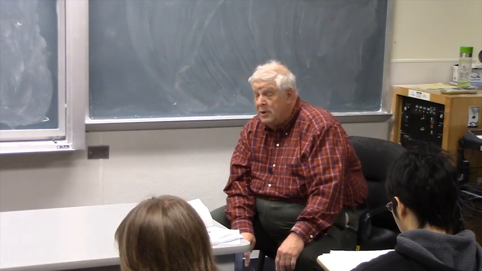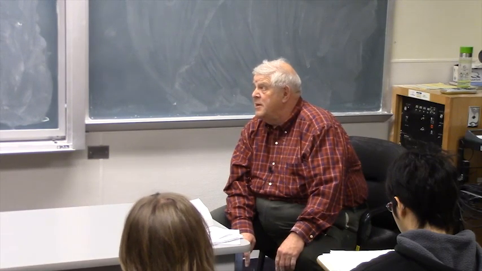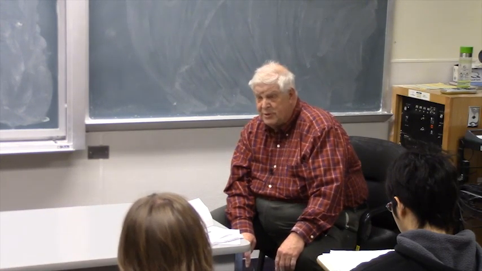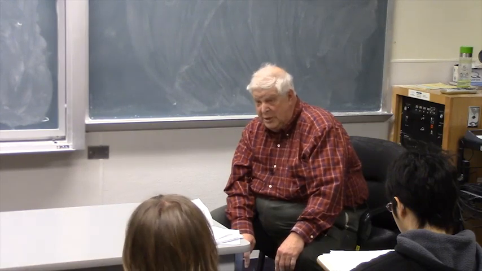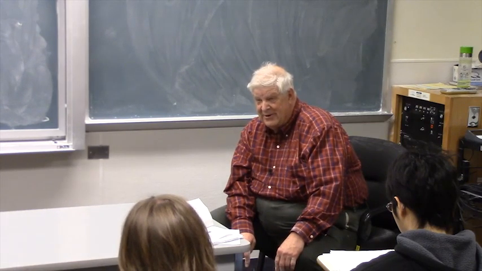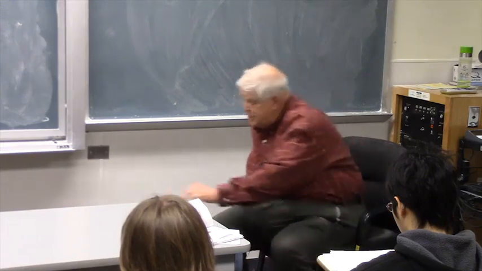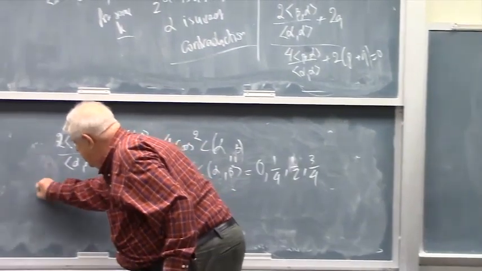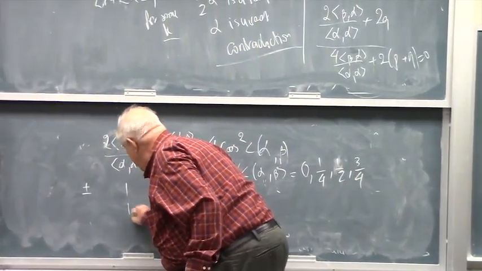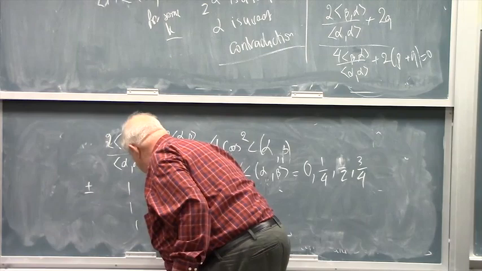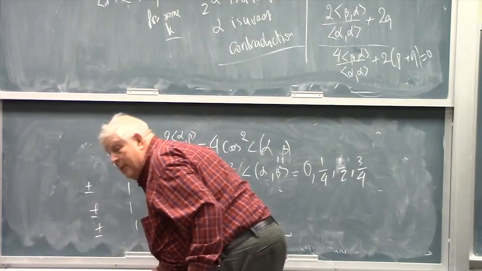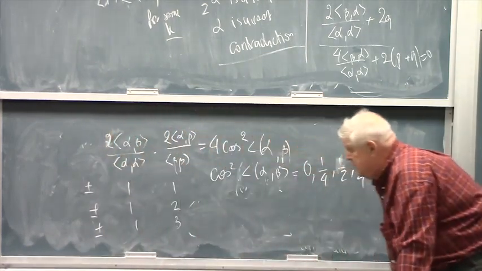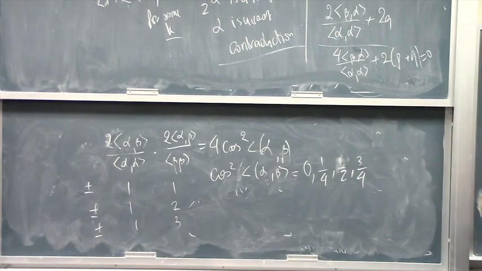This integer between 0 and 3 is not just an integer, but a product of two integers. So these two integers are plus minus 1 and 1, 1 and 2, 1 and 3, or minus 1, minus 1, you understand. You can change the sign for both, not for one.